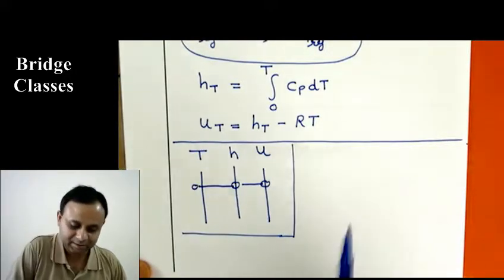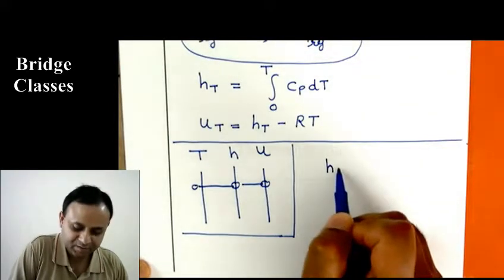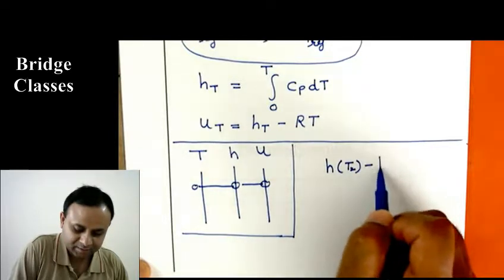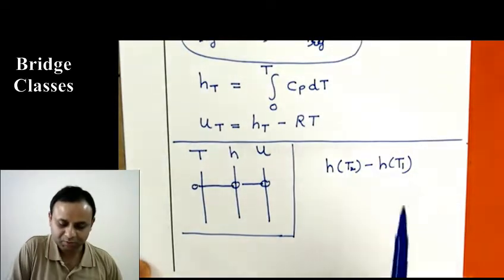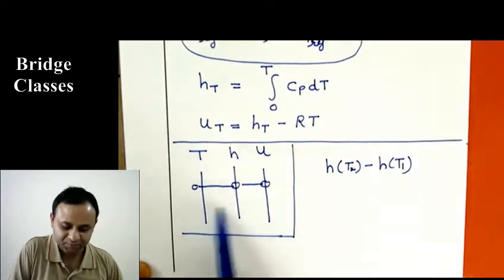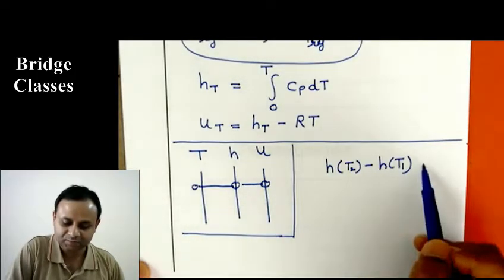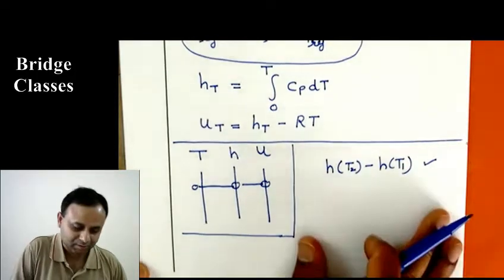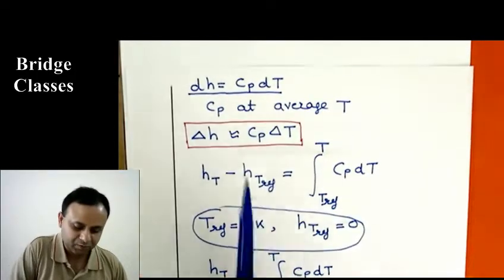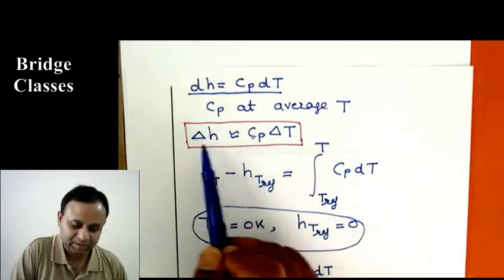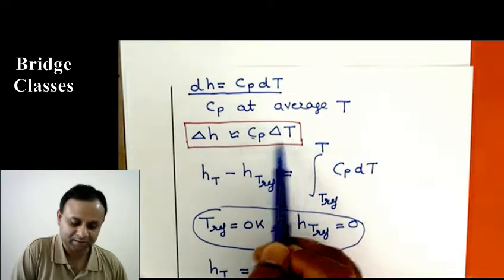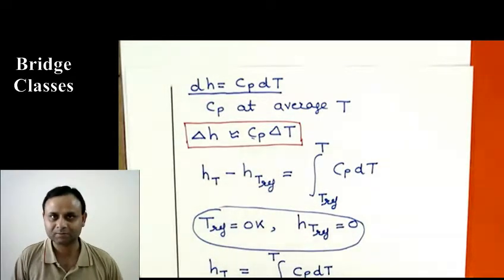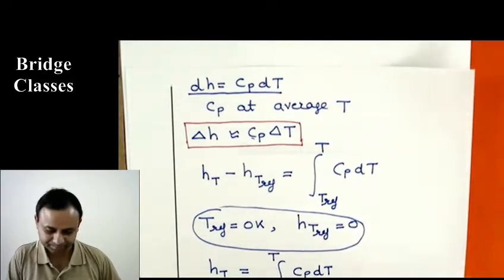And say I have to find change in enthalpy between temperature T2 and temperature T1. Corresponding to T1 and T2, I can read enthalpy from the table directly, and that will give me the change in enthalpy or change in internal energy. That is one option. The other is we use the value of Cp, and change in enthalpy is Cp delta T, and change in internal energy is Cv delta T. We can do that. So that is for ideal gases.